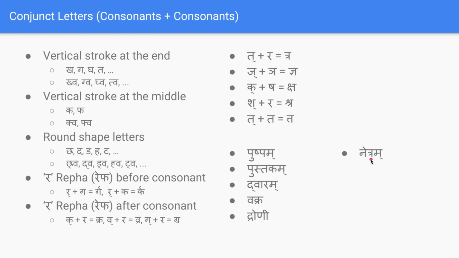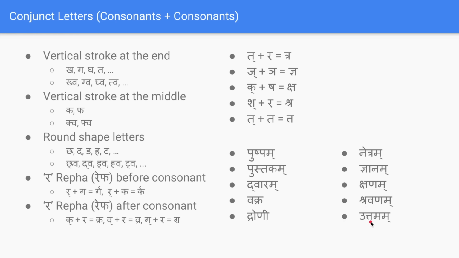And there are words with special letters like tra, netram, and jnanam. Jnya is a special letter here, and kshanam, ksha is a special letter, and shravanam, shra is a special letter, and uttamam, tta is a special letter.